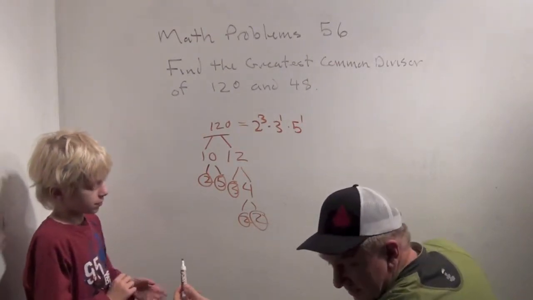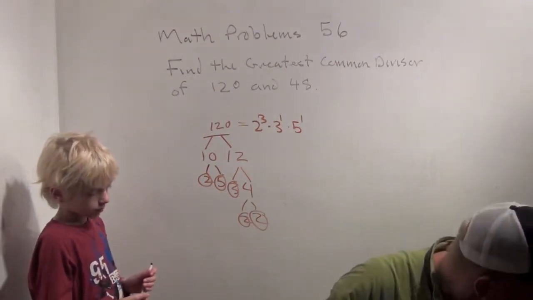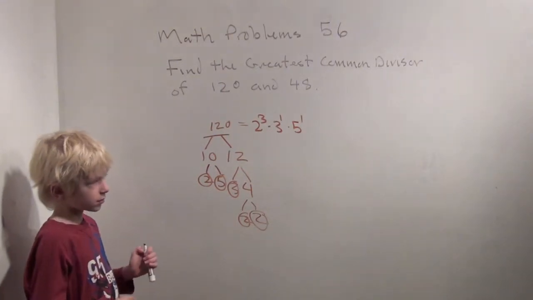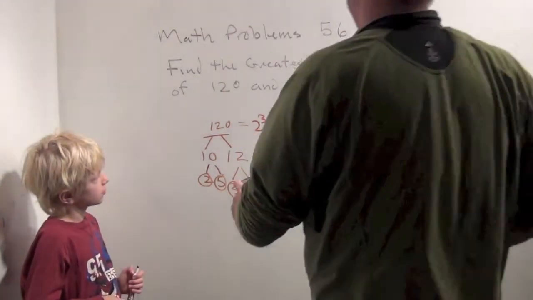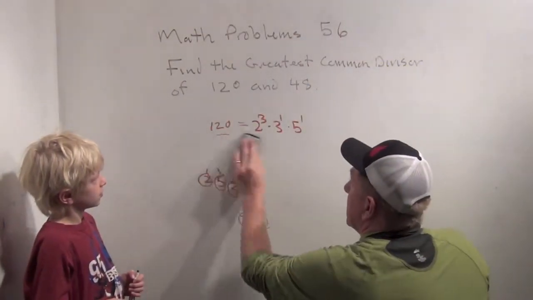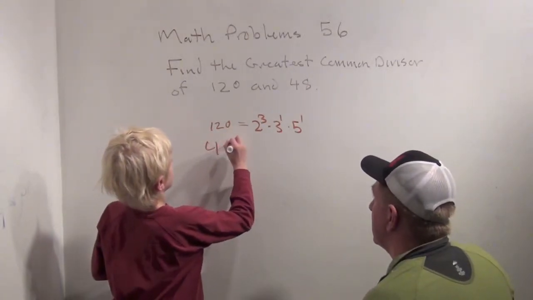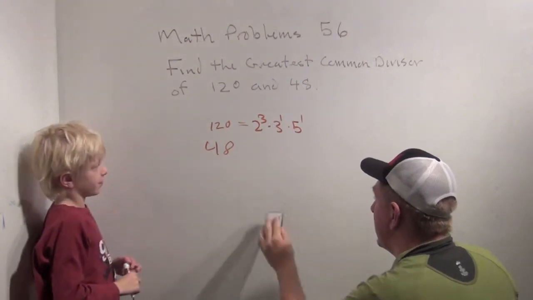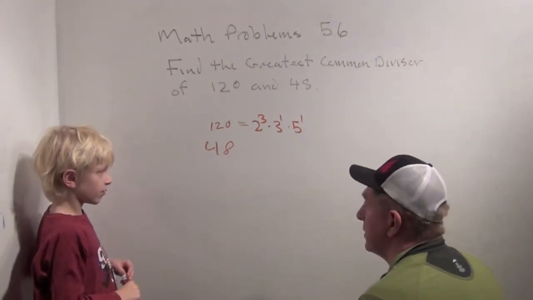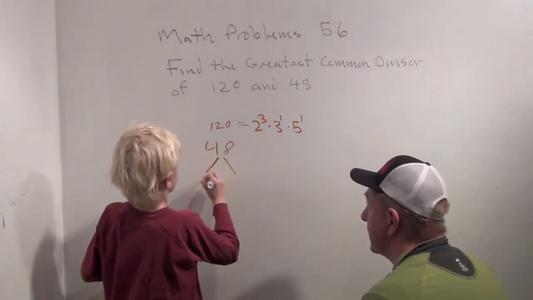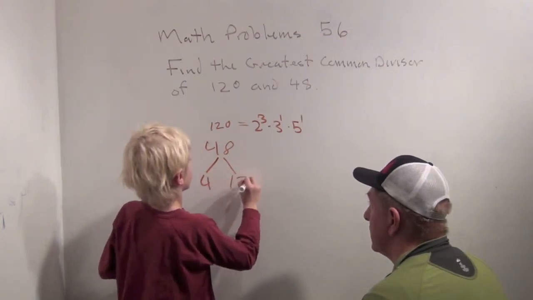To save space, maybe we should erase our factoring of 120, and I'll let you do 48 right below it. So factor that into primes now. Well, this is 4 and 12.